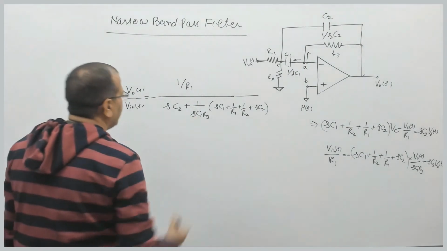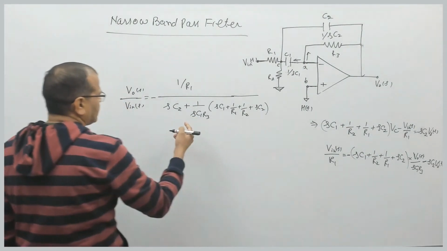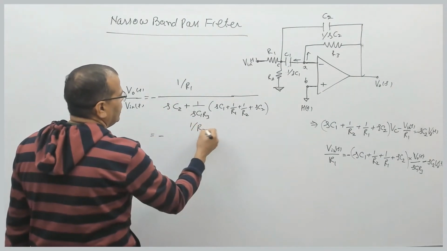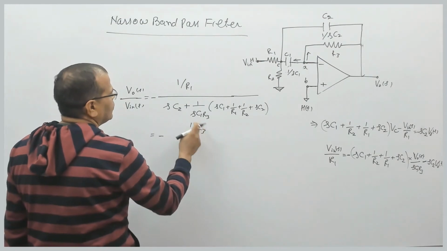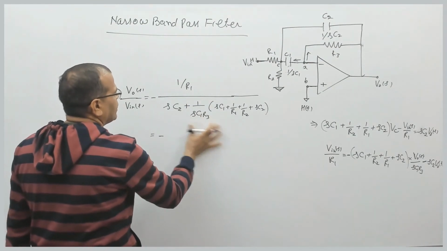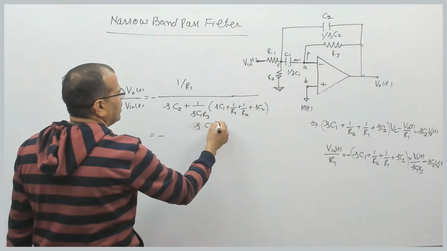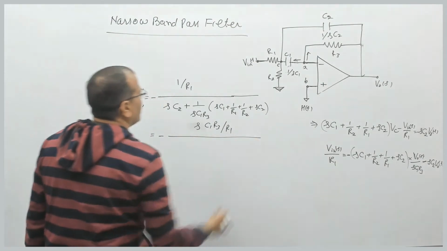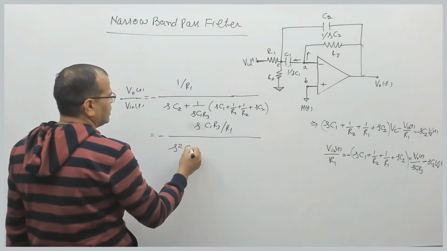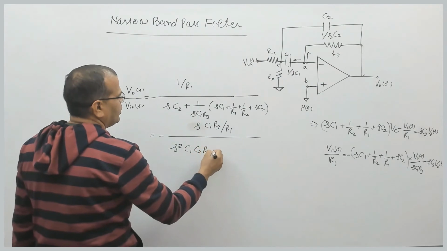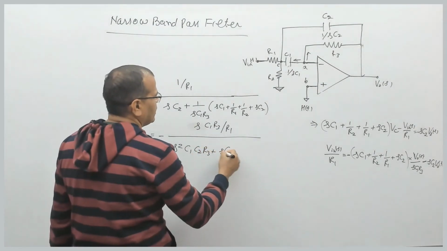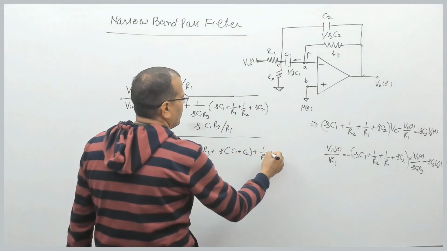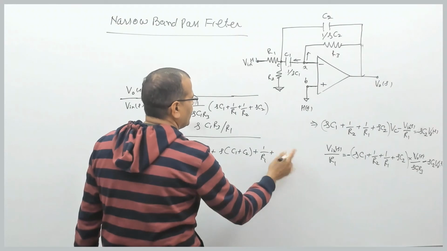You can further simplify it like this. This can be taken in numerator, so that is minus 1 by R3 into S. So when you take this in numerator, you will get SC1 R3 divided by R1 whole divided by S square C1 C2 R3 plus S C1 plus C2 plus 1 by R1 plus 1 by R2, right?